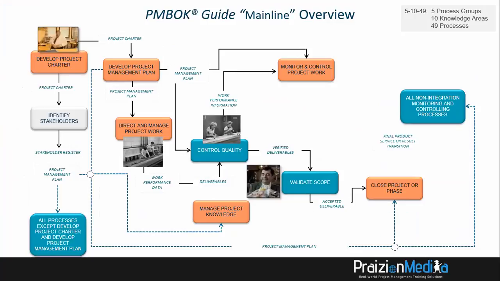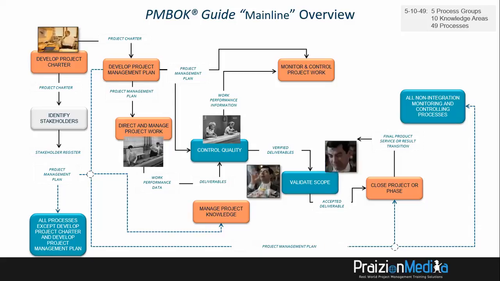It goes to close project or phase, and you get an output known as a final product, service, or result transition. That final product, service, or result transition is a terminal output. In other words, that signifies the end of the cycle. So the main goal of the project, once it has been authorized, is to add value to the customer.